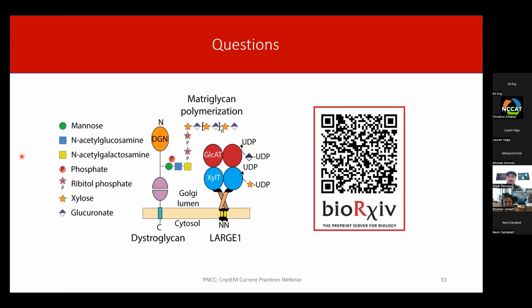We actually don't know the length of the polymer. That is one thing that is up in the air. We've been trying to solve that for a long time. So it's the recombinant dystroglycan with a certain length distribution of matriglycan, which we don't know what it is.